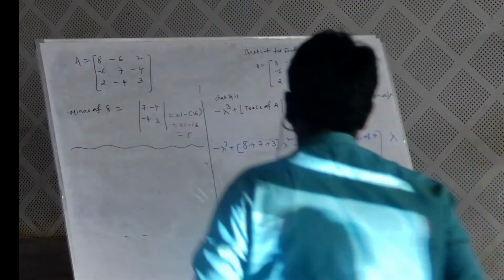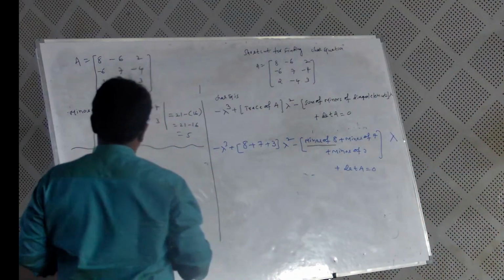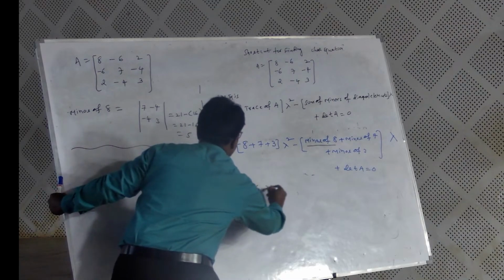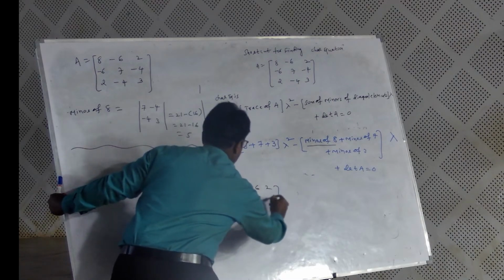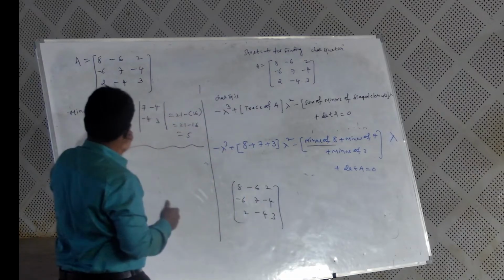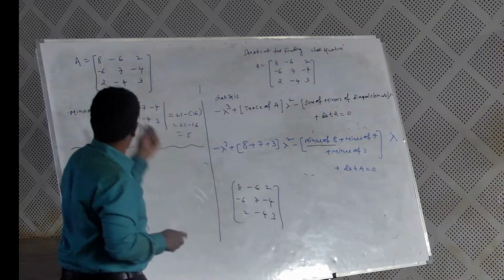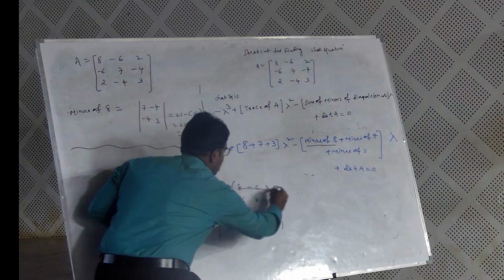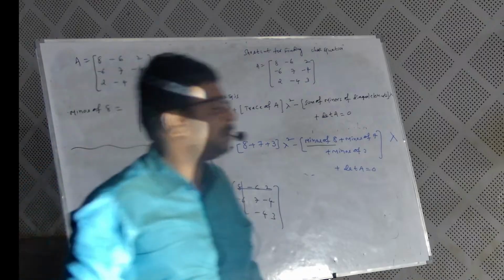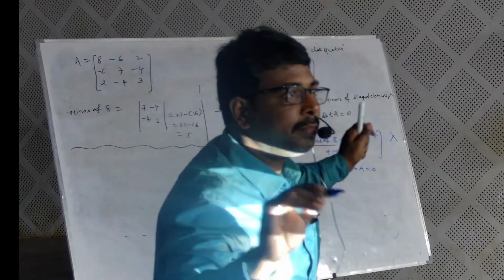That is the determinant. Okay, right? Let me see once again. I am repeating: if you want to get the minor of 8, just strike off this row and column, and what you are observing is what I have written.